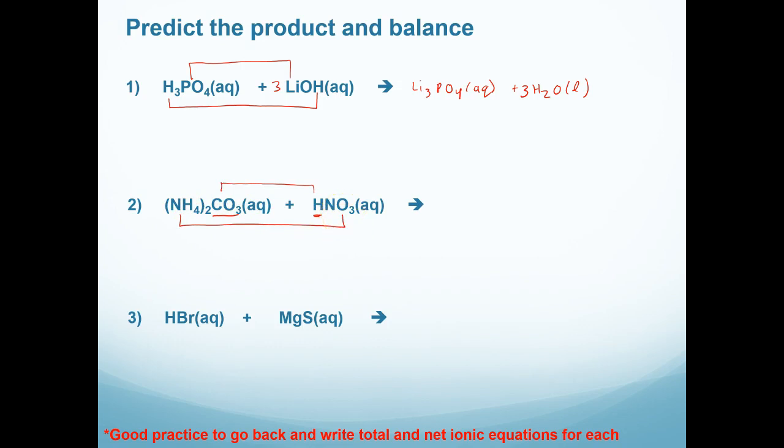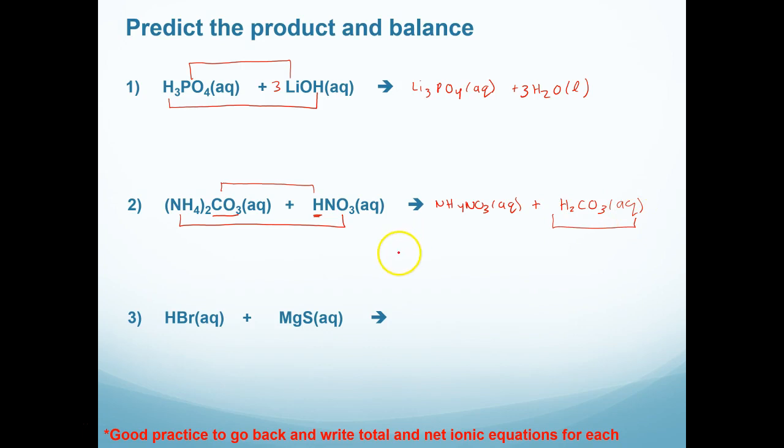So initially what I get is ammonium nitrate, which is soluble in water, plus we get carbonic acid, okay, which is also soluble in water, but this is unstable, so it breaks down.